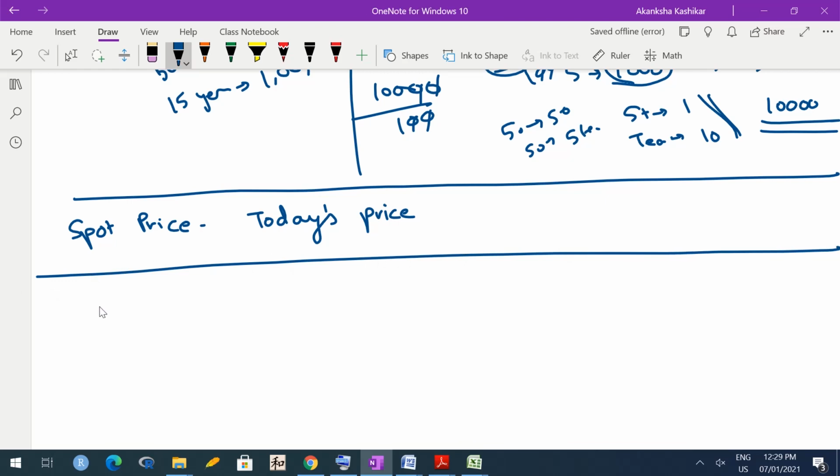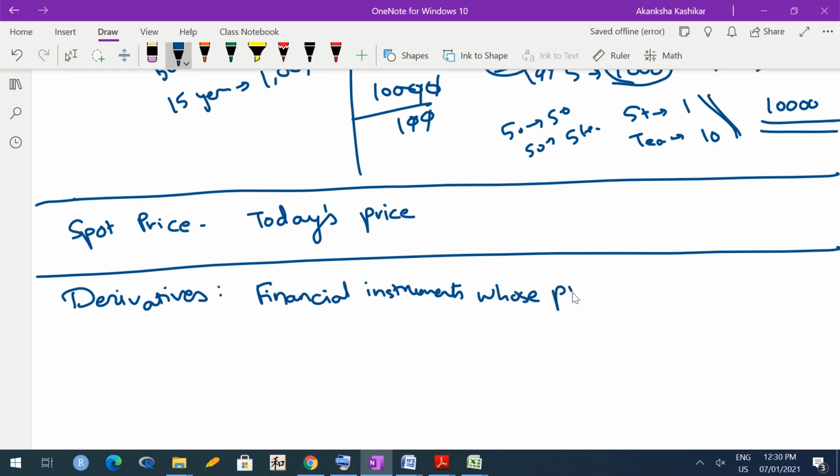Another important term is derivatives. So what are derivatives? Derivatives are those financial instruments whose price depends on the price of some other underlying asset.